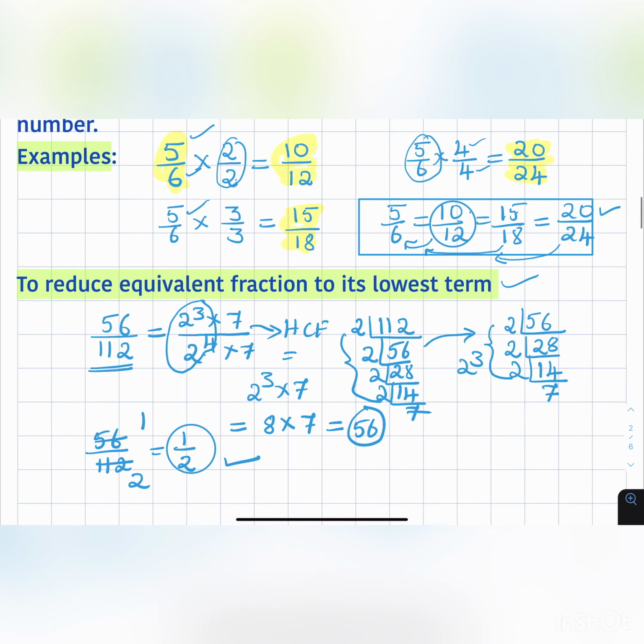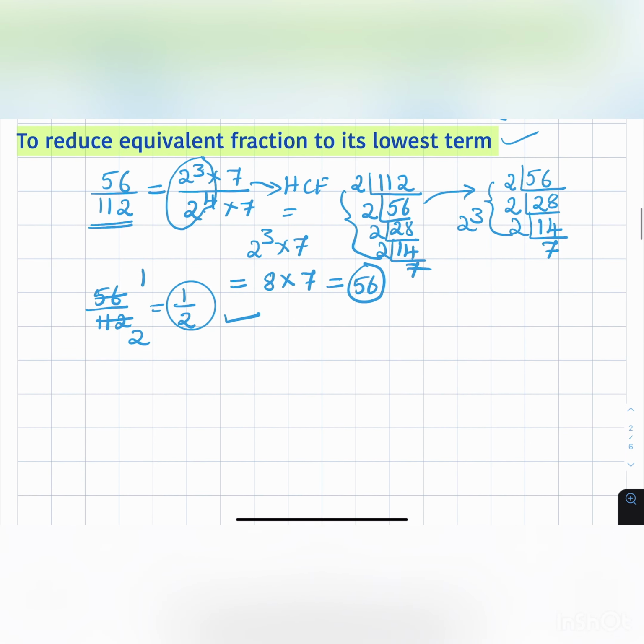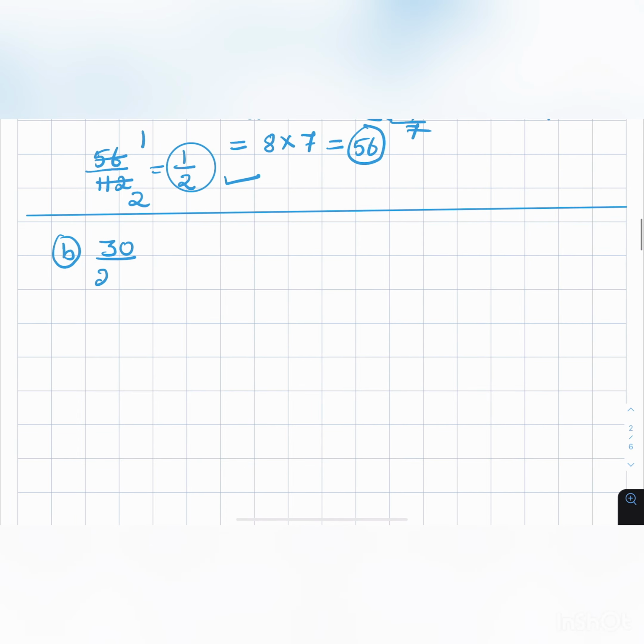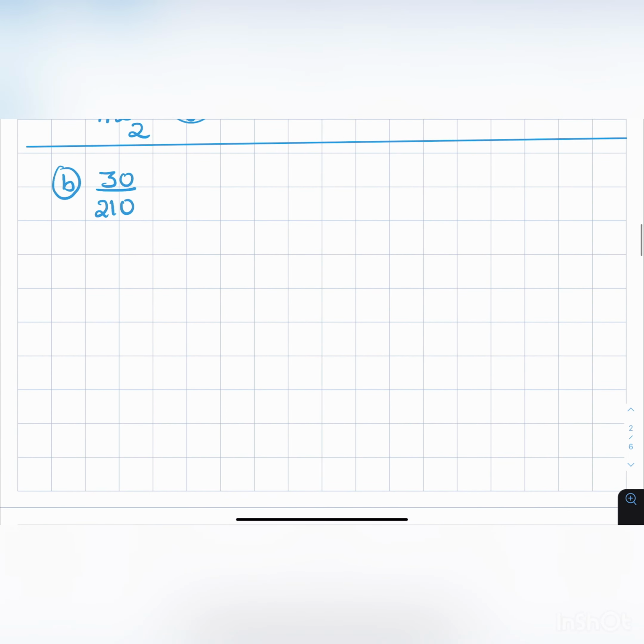And now let us take another example to understand. Let me take it as A and the next one B. 30 divided by 210. So 30 divided by 210, if we do this, the zeros will be cut.